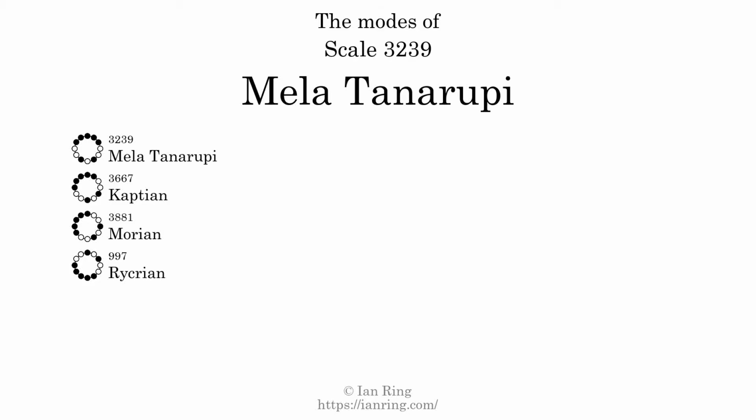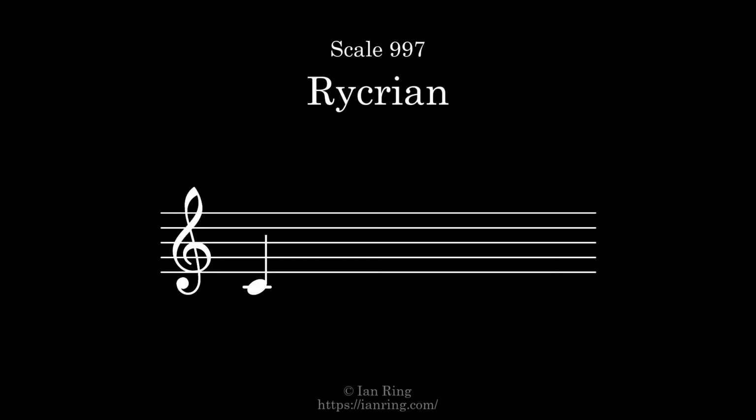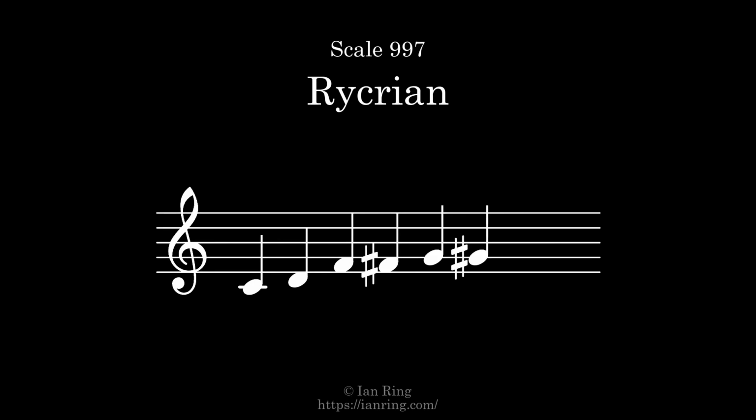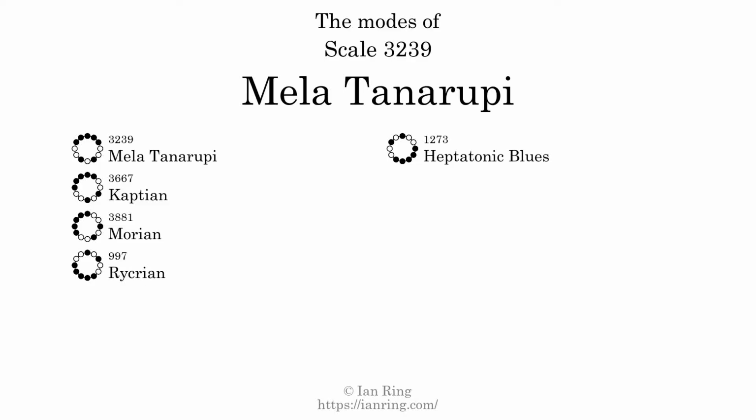The fourth mode is scale 997, also known as Requiem. It sounds like this. The fifth mode is scale 1273, also known as heptatonic blues. It sounds like this.